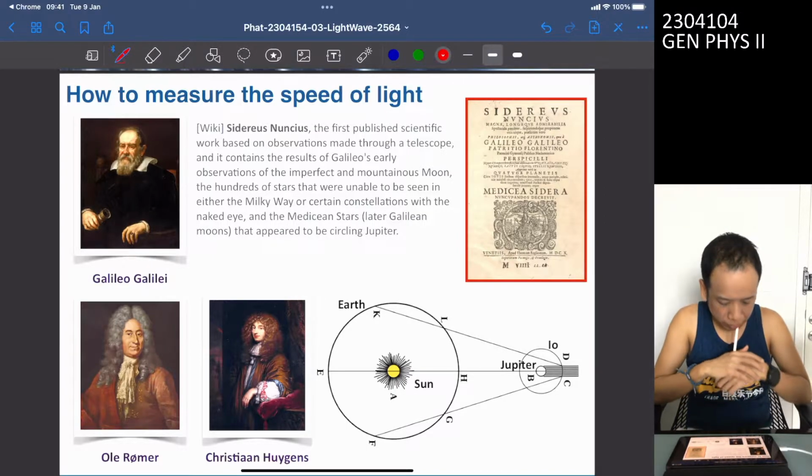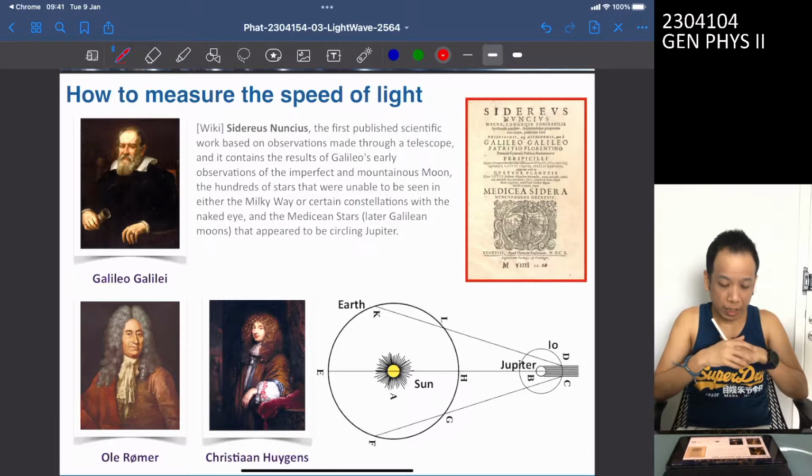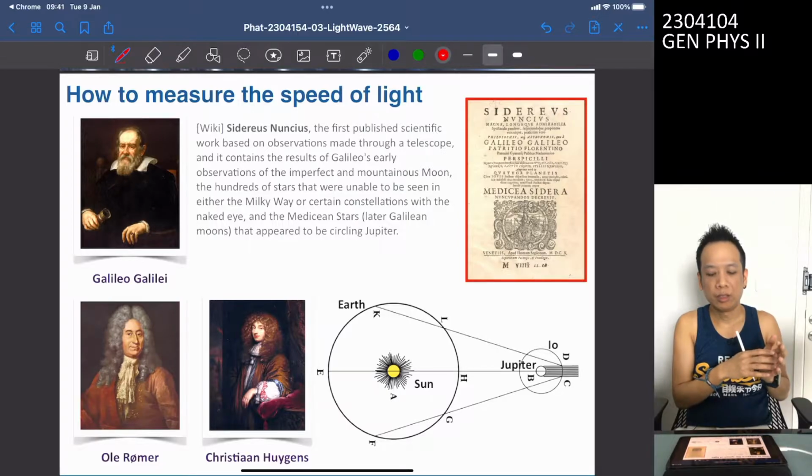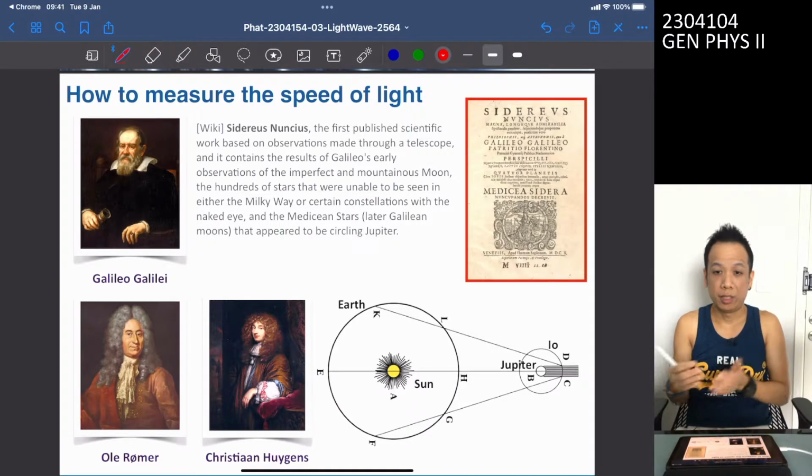The first measurement of the speed of light came from Romer. He was an astronomer who worked at the observatory in Paris at that time. At the beginning, he didn't expect to measure the speed of light.